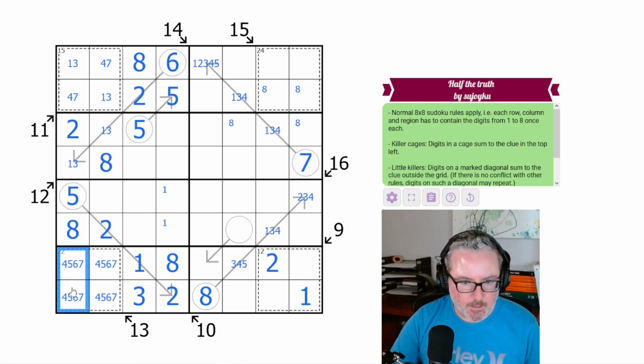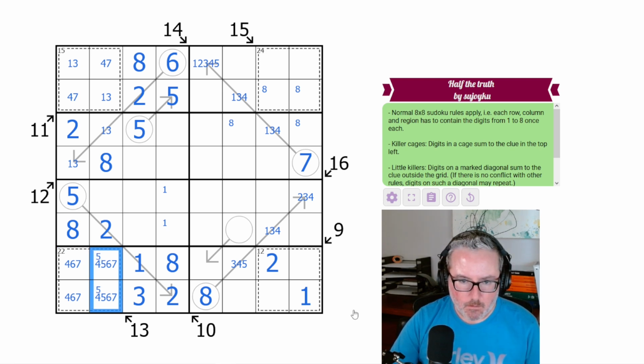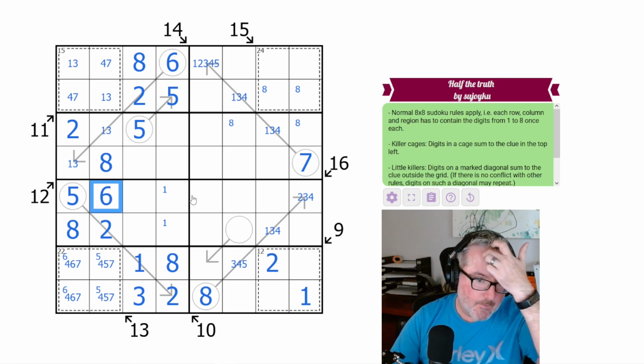Oh, well, 5 can't be here, so it has to be in one of these. And we've got a 4, 6, 7 triple that says that 6 has to be down here, so this can't be a 6. And we have a 4, 5, 7 triple. We have a 1, 3 pair with the 2 and the 8, so this has to be a 6.